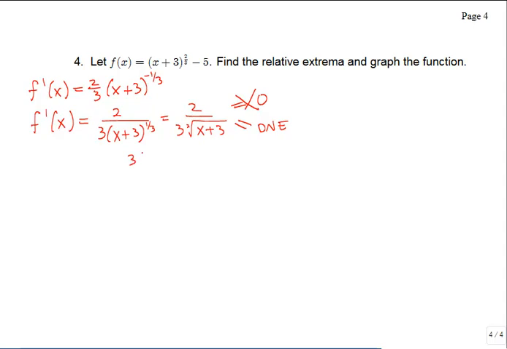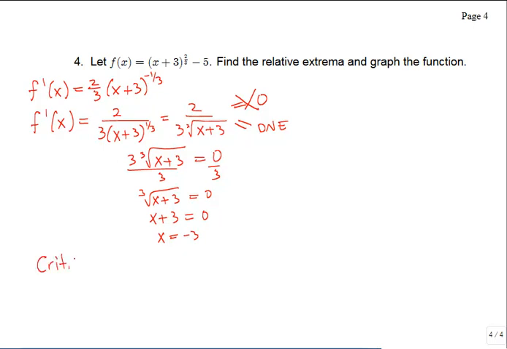When does 3 times the cube root of x plus 3 equal 0? Well, if I divide by 3, then I need to know when that cube root of x plus 3 will be 0, and that's only going to happen when that inside stuff is 0, and that would happen at -3. So the only critical number that I have is at x equals -3.